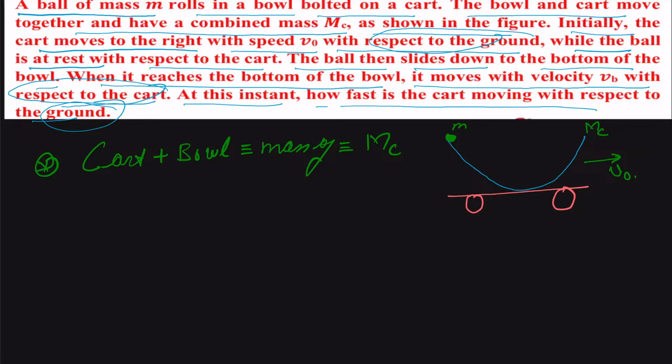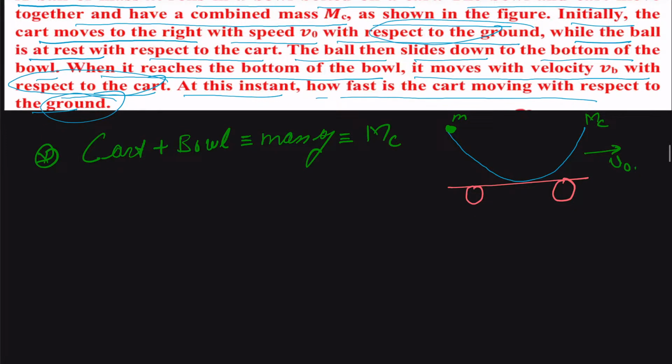And within this we have a ball whose mass is given as small m. So we have a ball of mass small m, and it is inside the bowl.